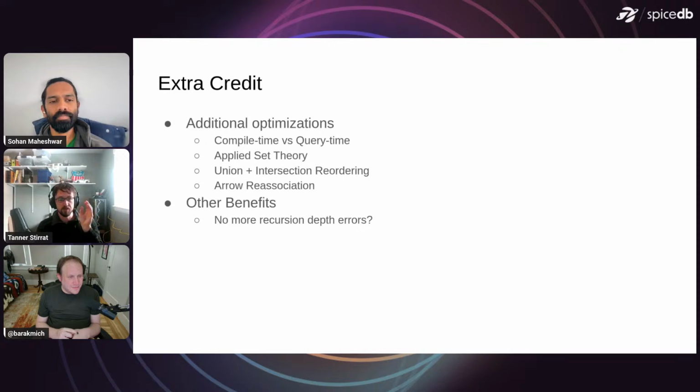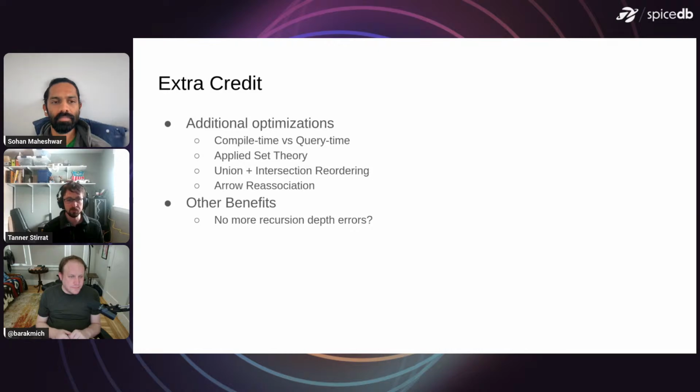Or if you have the empty set and then you're doing a whole bunch of other stuff with it and you just get back the empty set, then we know we really have no work to do there. And so we can cut out entire branches of the schema walk that don't make sense in a particular context. There's the idea of union and intersection reordering that we were talking about earlier.